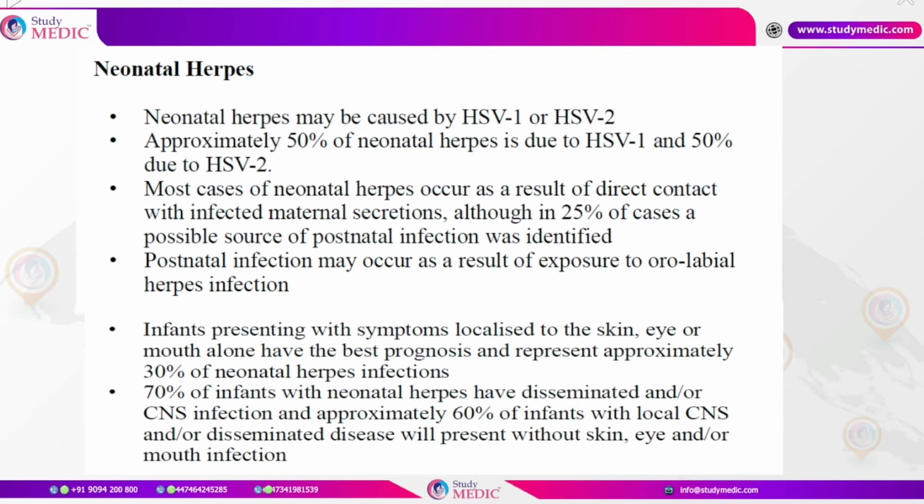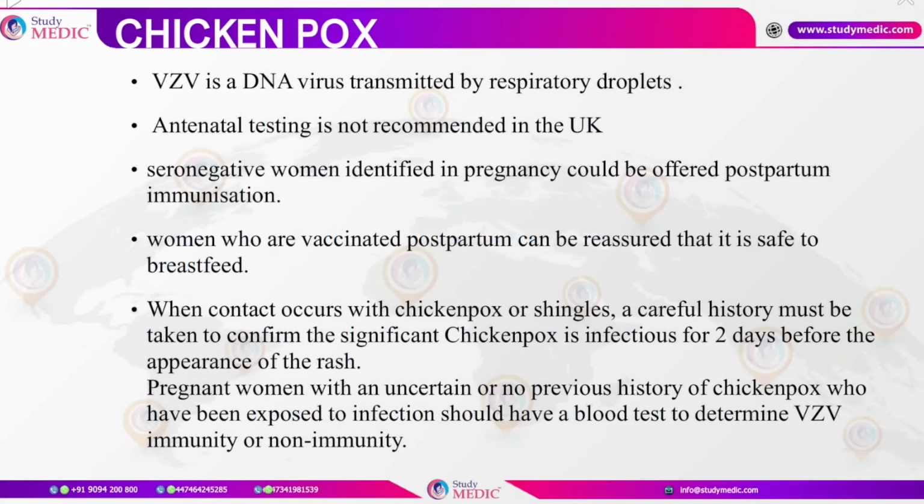Infants presenting with symptoms localized to skin, eye, or mouth alone have a better prognosis and represent approximately 30% of neonatal herpes infection. 70% of infants with neonatal herpes have a disseminated or CNS infection, and approximately 60% of infants with local CNS and/or disseminated disease will present without skin, eye, and mouth infection. Understand these percentages, which is very important.